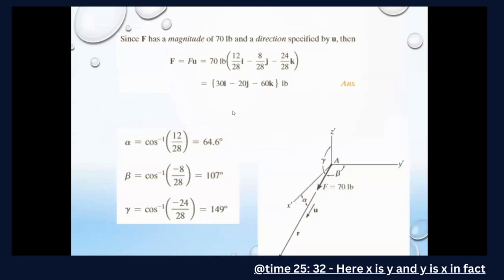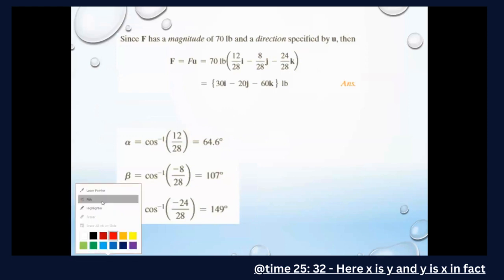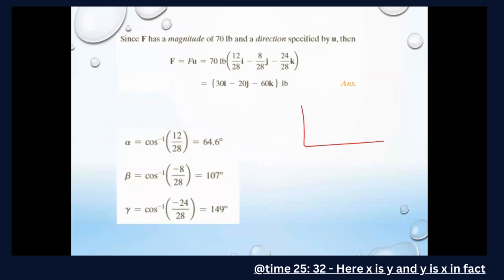Now this is how it would look, by the way. If you draw from the origin, this vector with alpha, beta, and gamma will look like this. Alpha is 64 degrees. This is x, this is y, this is z.